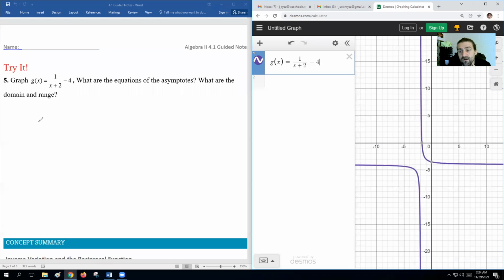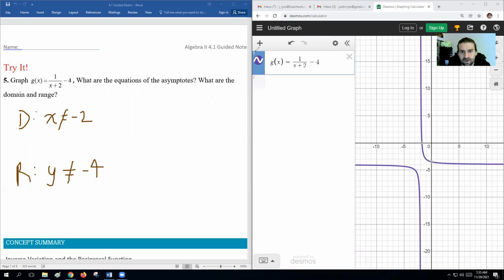So our domain is all real numbers except x cannot equal negative 2. And our range is all real numbers except, or not x, range is y, cannot equal negative 4.